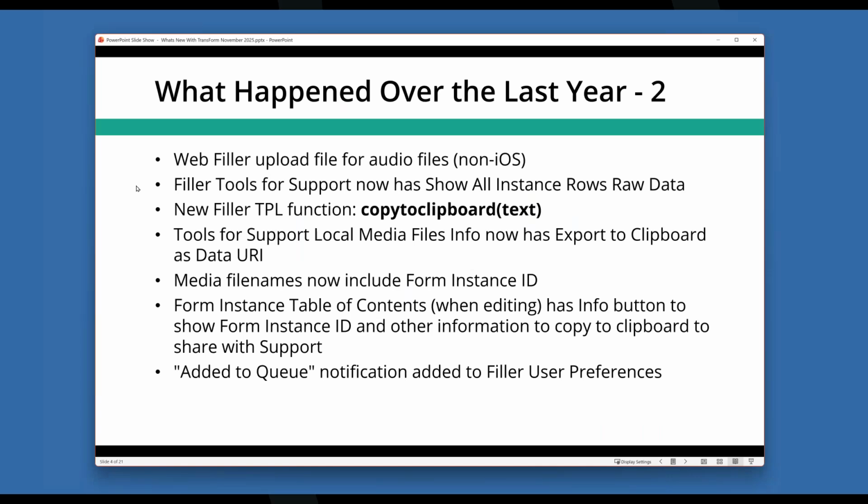There's now a way to take the photos and export them to the clipboard as a data URI, which can then be pasted into other apps on your mobile device, and perhaps use that to get even photos off when there are connectivity issues and various other issues that mean that you can't sync the data.